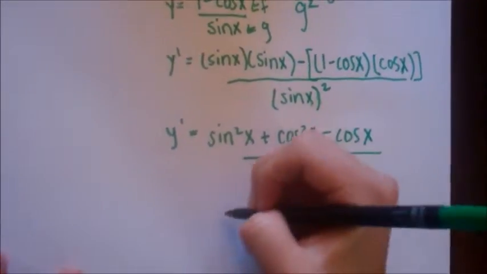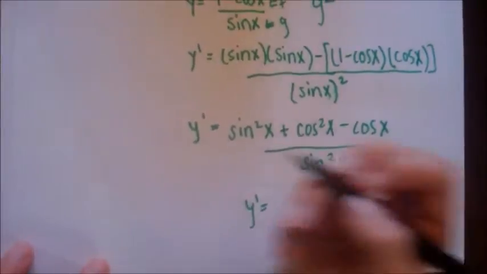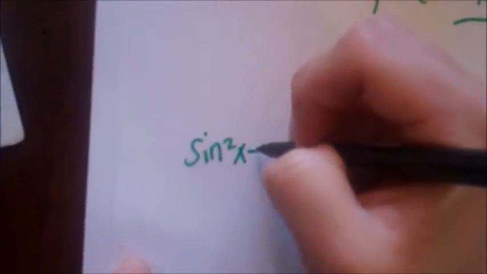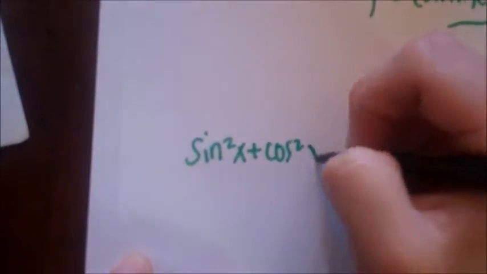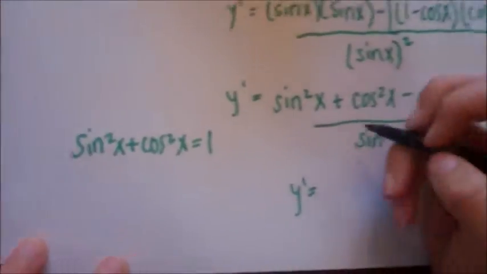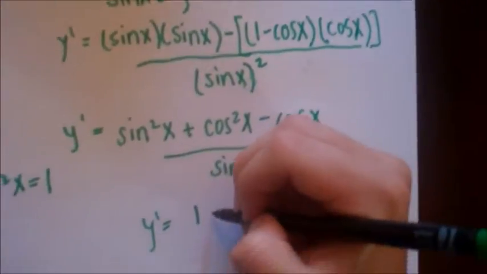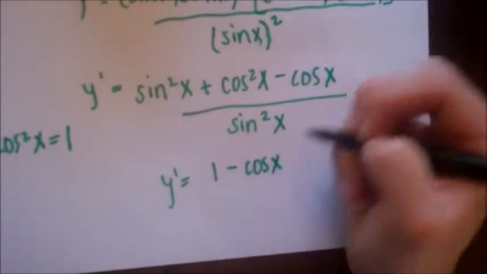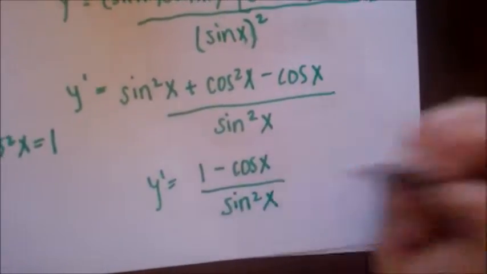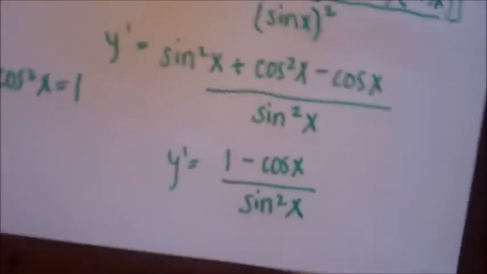To simplify this further, you need to know that sine squared x plus cosine squared x equals 1. Therefore, we can simplify this to be 1 minus cosine x over sine squared x. Hopefully you all got that.